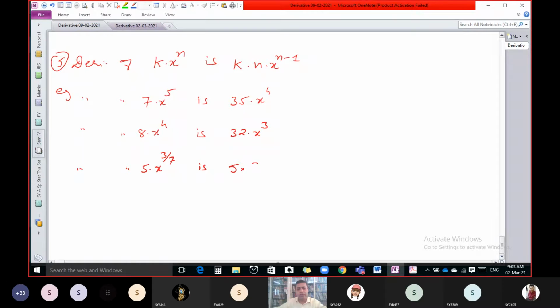See, 5 into 3 by 7 into x raised to 3 by 7 minus 1. So ultimately we get 15 by 7. 5 3s are 15 by 7 into x raised to, now if we take 7 LCM, minus 4 by 7. Correct, minus 4 by 7.